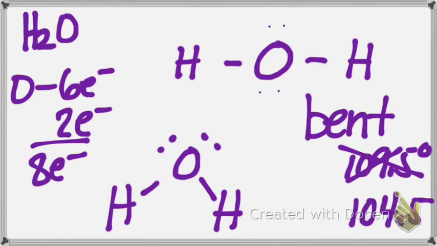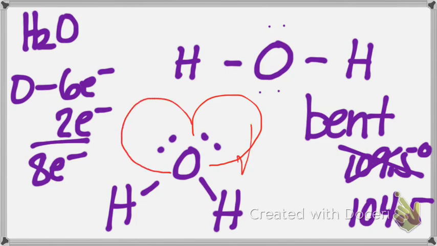So for bent, make that change. Because here's why. The overall structure was tetrahedral. But when I took off those bonds and put lone pairs, these actually take up more space around that central atom, so they kind of push those down a little bit. So it actually ends up being 104.5. Okay, so make that change in your notes.